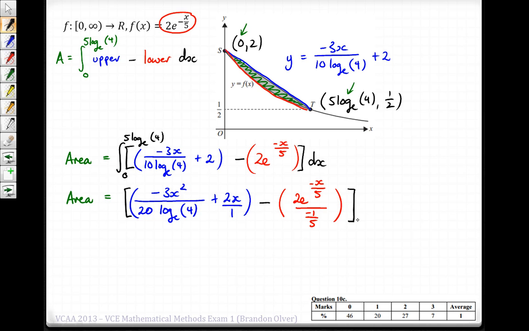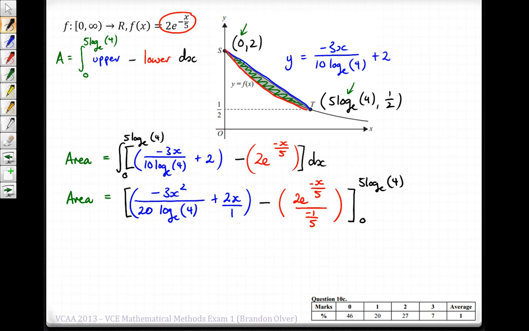And then we're going to evaluate that between the 0 and 5 log e of 4, the two x coordinates that bind the shaded green region for us. So unfortunately, this is going to take a fair bit of pumping through of just mathematics. So we'll get stuck into that and we'll just go through nice and consistently until we've got our answer.